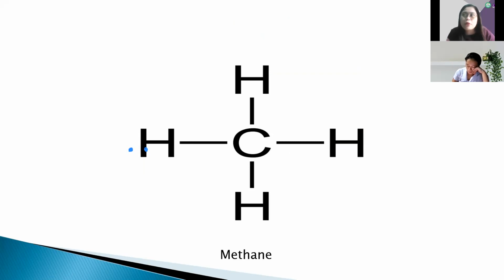Pwede din siyang carbon to other atoms, just like for the methane. We have here 4 single bonds in total, kasi we have here carbon to hydrogen, that's counted as 1. Isang electron ang i-share ni carbon, mag-share din itong hydrogen ng isa. So pair of electrons na yon, kaya merong single bond. That is also true for the other hydrogens ng ating methane.